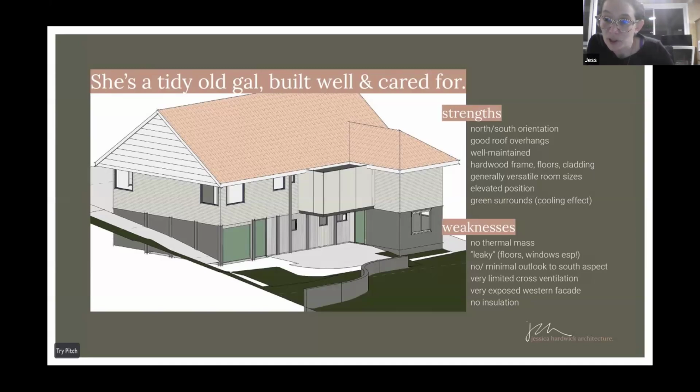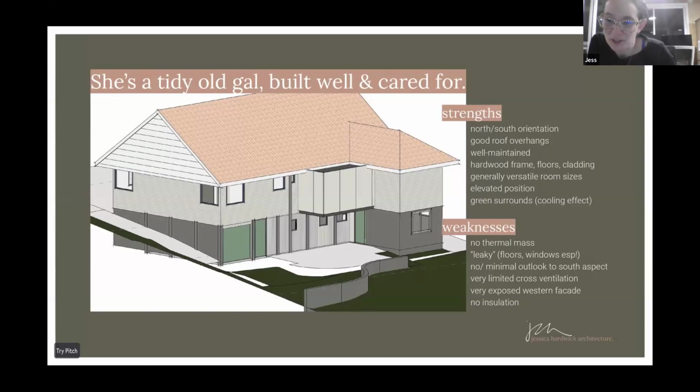We had pretty versatile room sizes. Not all post-war homes will have that. There's often pokey little rooms that are really difficult to utilize in a flexible way. We had a little bit of that, but fairly readily overcome. And our elevated position, as I said, weaknesses that we have: we have thermal mass under the house, in a workshop type form, but no useful thermal mass, very leaky floors.